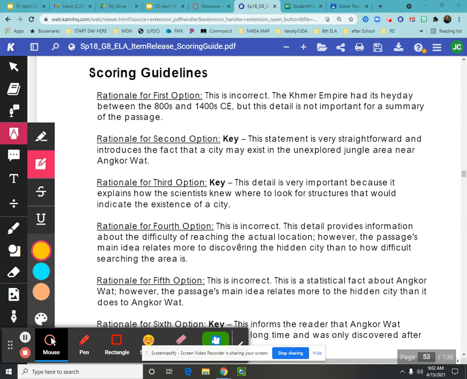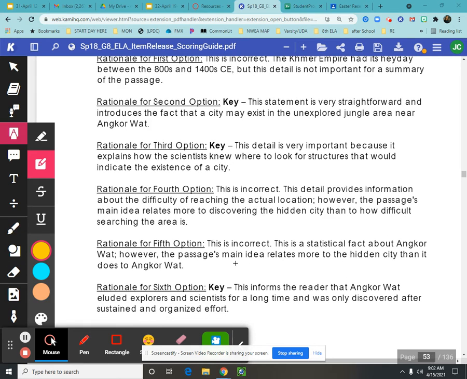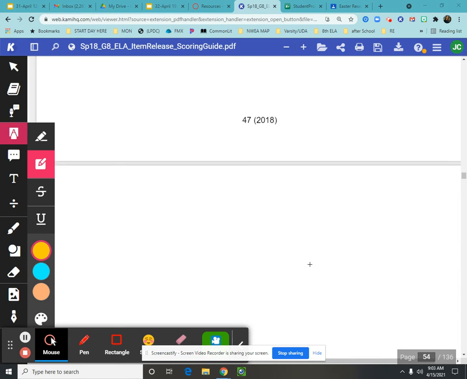This detail provides information about the difficulty of reaching the actual location. However, the main idea relates more to discovering the hidden city rather than how difficult it was to find it. And 5 is incorrect because this is a statistical fact about Angkor Wat. However, the passage's main idea relates more to the hidden city than it does to Angkor Wat. Okay, moving on.